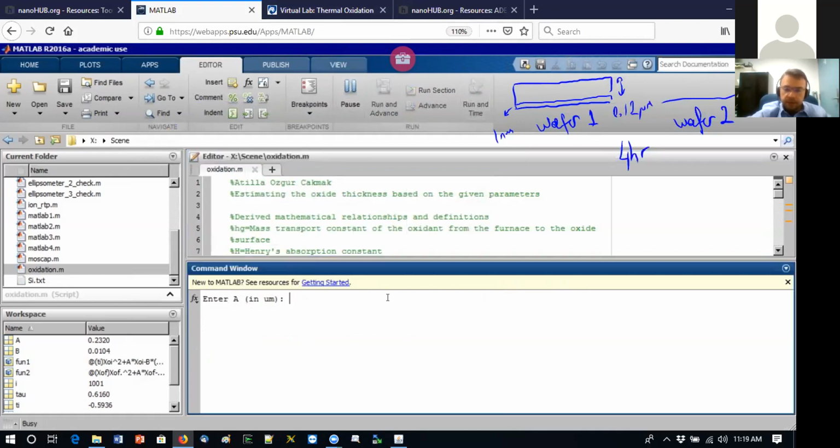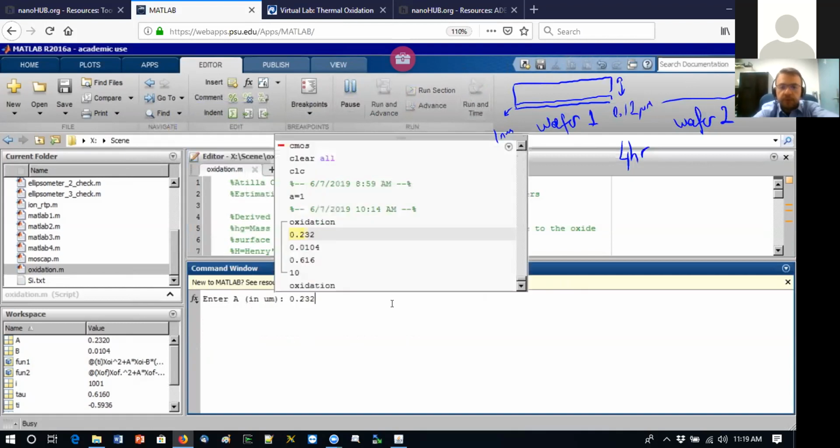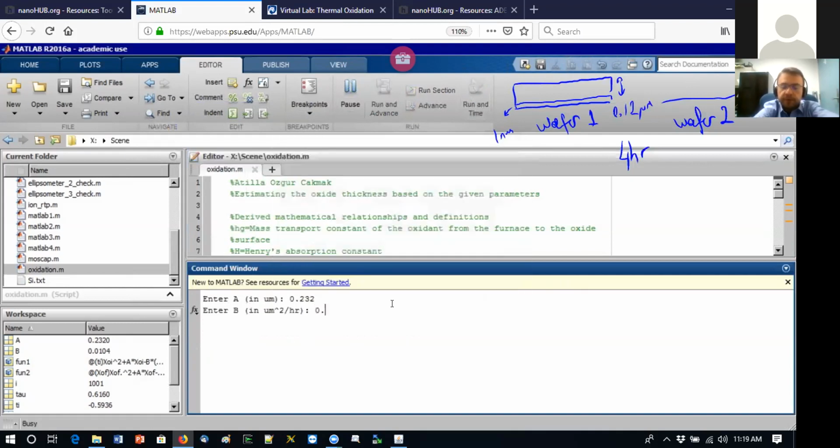I will enter the same numbers, 0.2, 0. If you click on the arrows on your keyboard, they will come back from the memory. So 0.01 something, and then 0.6. Yeah, and this time I will enter an oxide there.